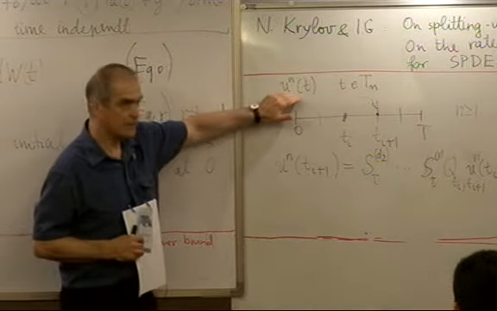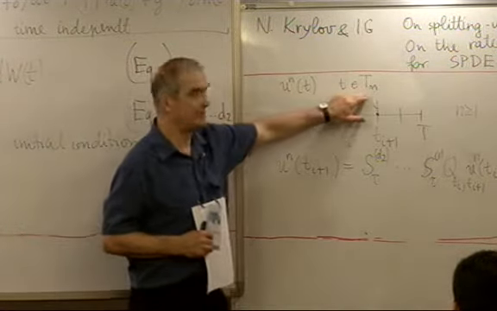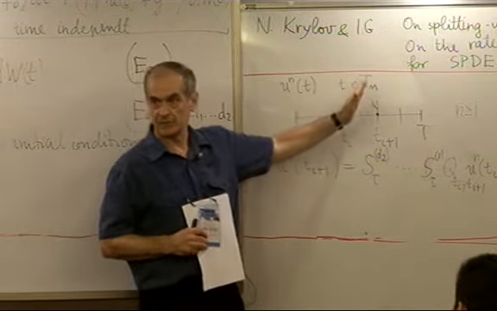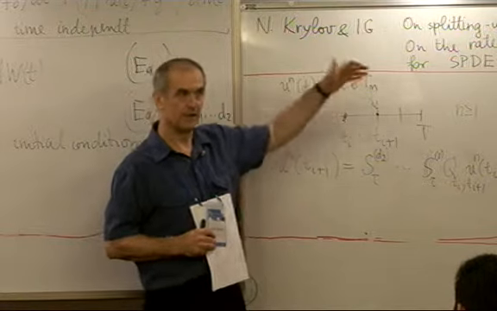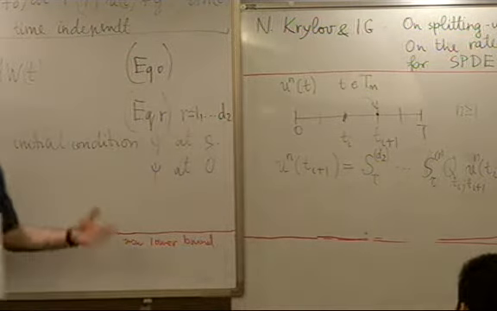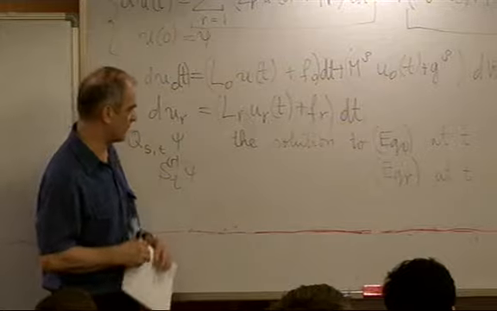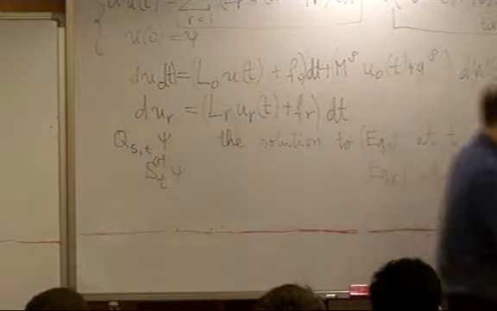The approximation is defined at the discrete points, but let us embed it into continuous time, and then we can use methods from PDEs to compare the true solution and the splitting up method. So this is what we are going to do now.